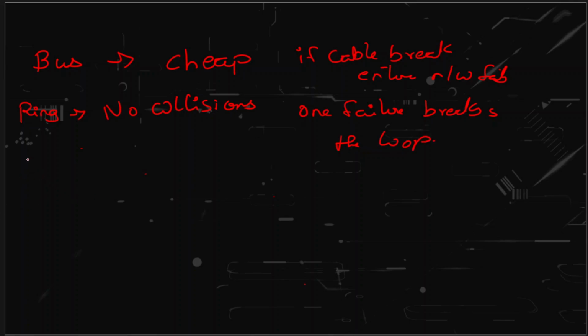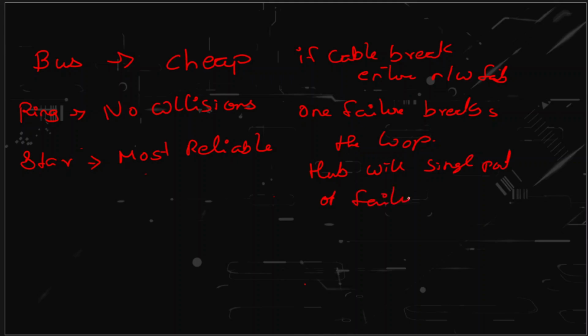Then the next one is star topology. This is the most reliable one, but the hub is a single point of failure. Next is tree.